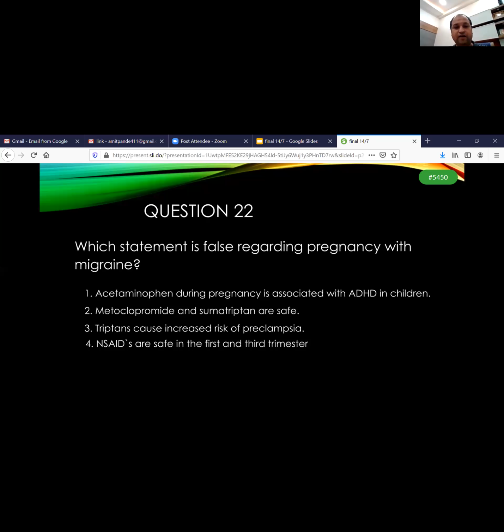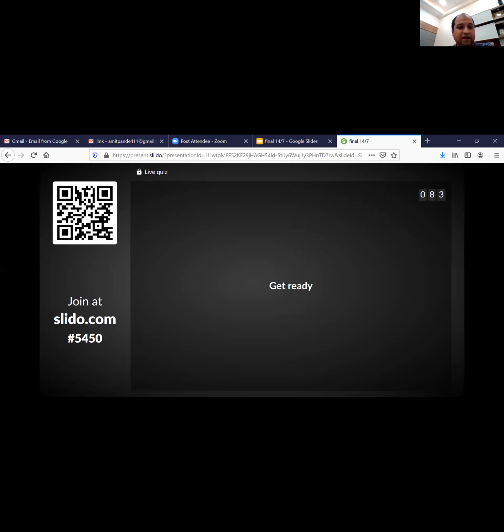which statement is false regarding pregnancy with migraine? Acetaminophen during pregnancy is associated with ADHD in children. Metoclopramide and sumatriptan are safe. Triptans cause increased risk of preeclampsia. And NSAIDs are safe in the first and third trimester. So which of these statements is false? You can go on the Slido app and start voting now.